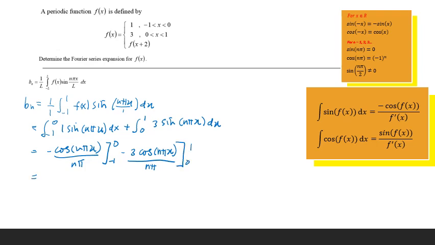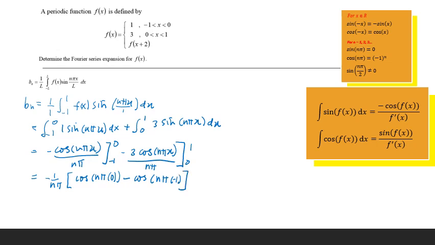Then substitute. We just bring -1 over n pi, and substitute 0 and -1 into x: cos n pi 0 minus cos n pi -1.